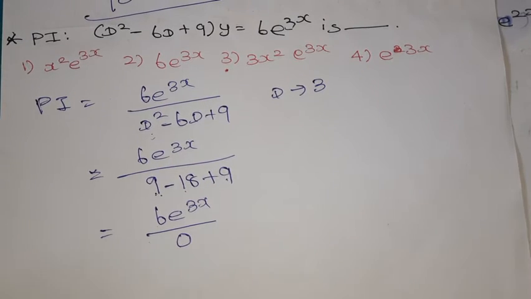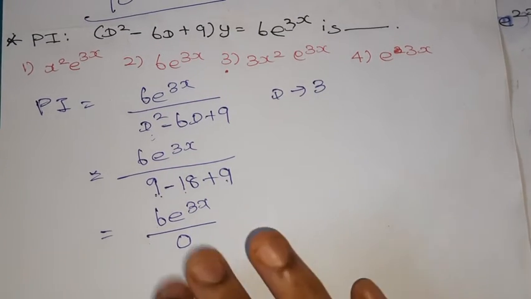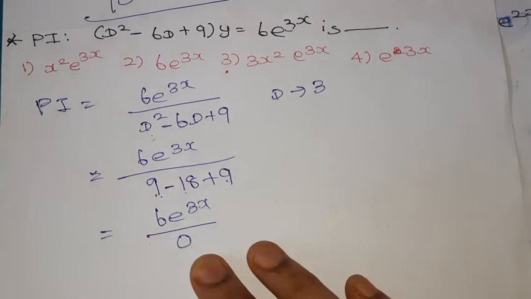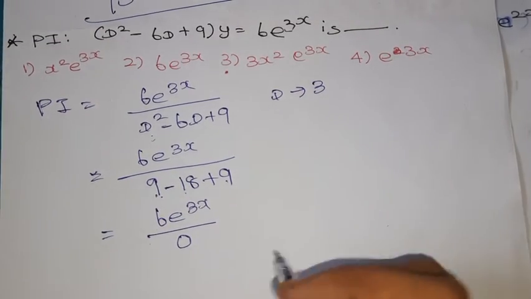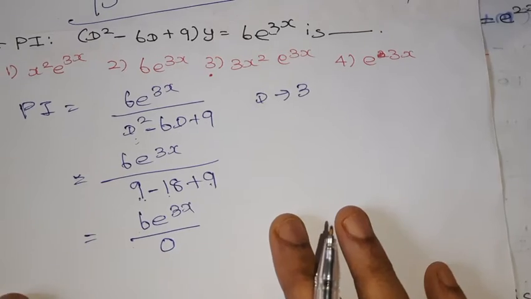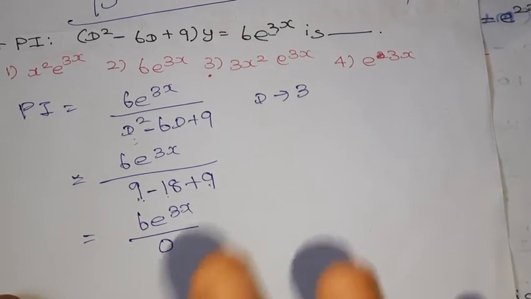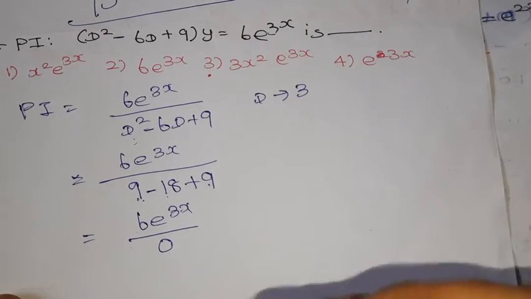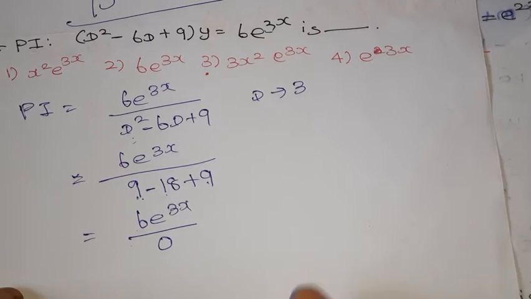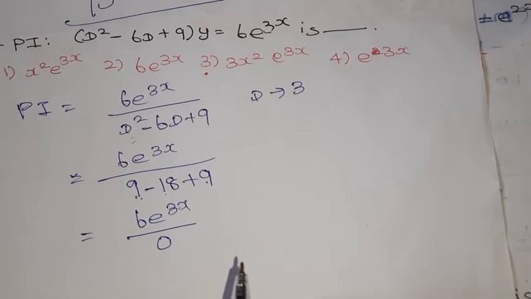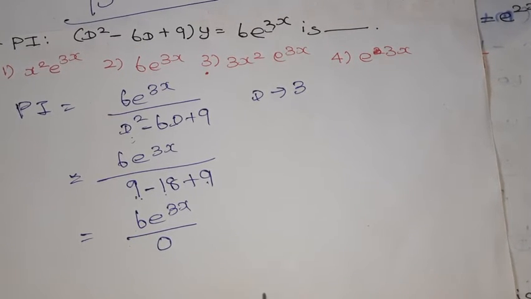Whatever is in the denominator will be 0, and anything divided by 0 gives infinity. It should not be infinity, it is absurd. We should proceed. This is a special case: if we get 0 in the denominator, what do we need to do?